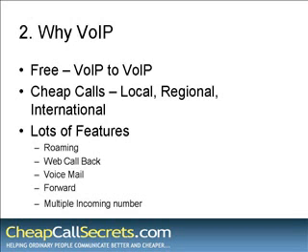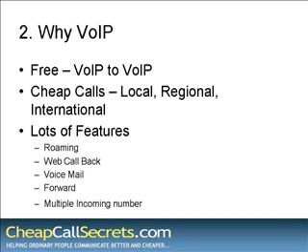And the other thing you can do with your VoIP account is you can subscribe to multiple incoming numbers. So you can have multiple incoming numbers from different states or even from different countries, and people can call you on those numbers cheap, because for example, if you live in Australia like myself, you can have a US number that people in the US can call, or you can have a Singapore number, you can have a UK number.